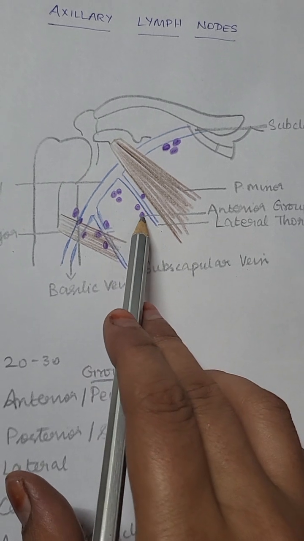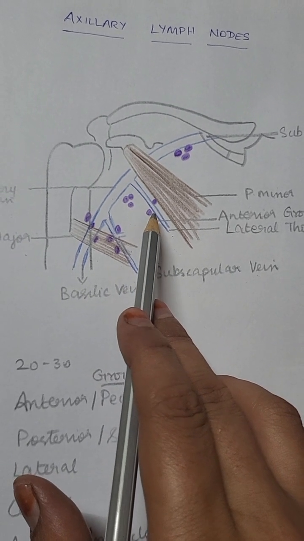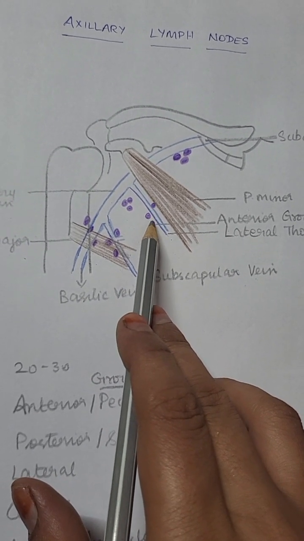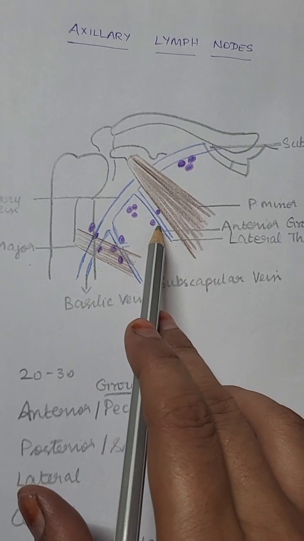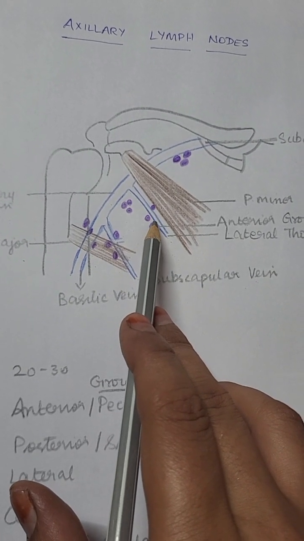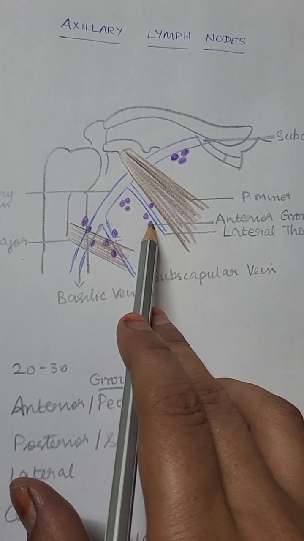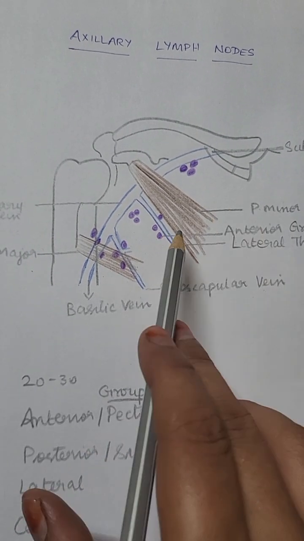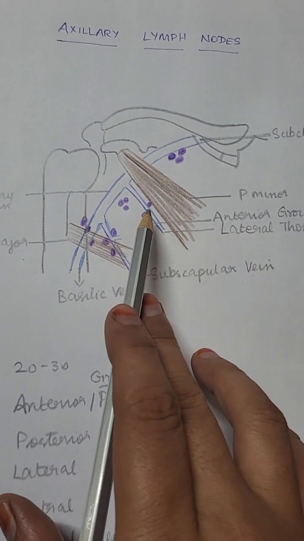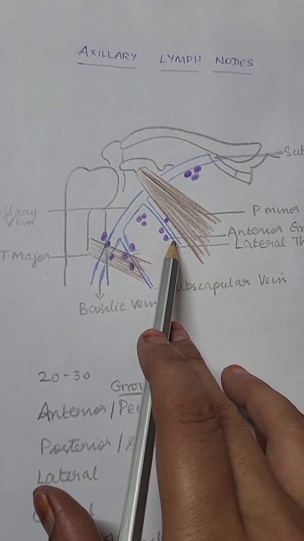The importance of this group is that they are very close to the axillary tail of Spence. So any enlargement of the axillary tail of Spence can be misdiagnosed as involvement of the anterior group of lymph nodes in cancer breast.